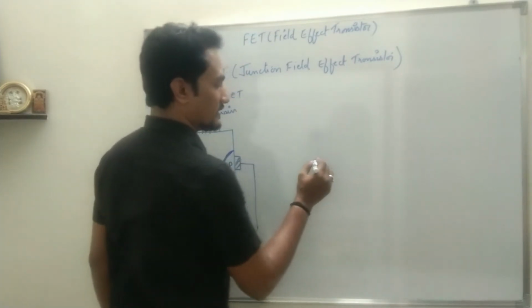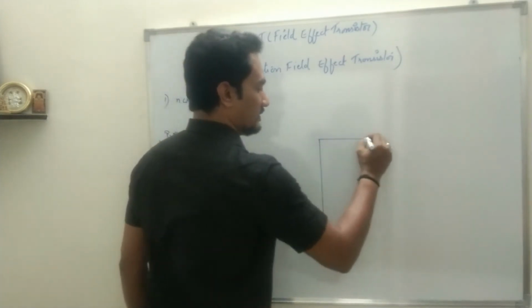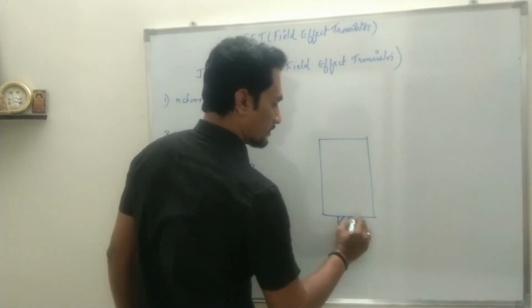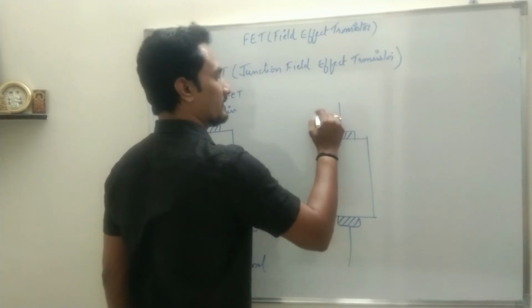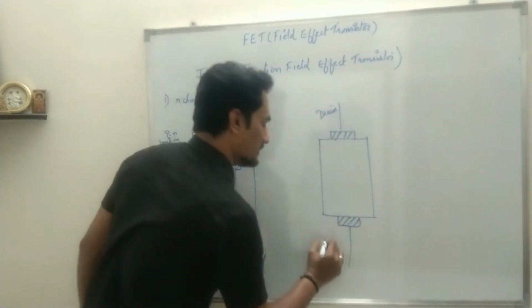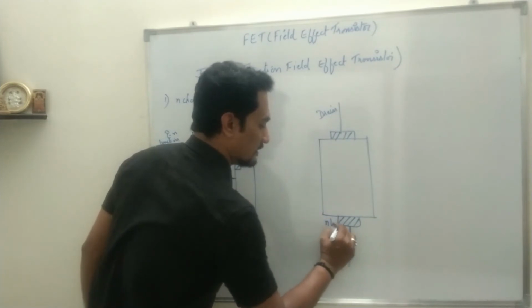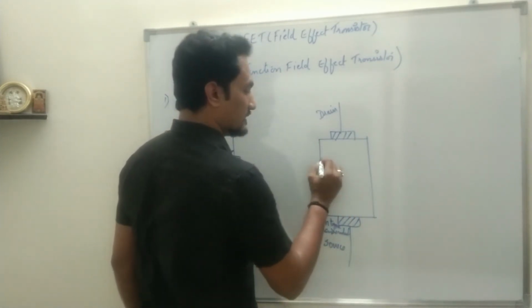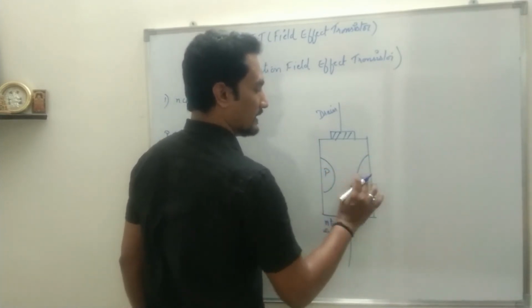Now let us try to understand the working of the n-channel JFET. Again let us take n-type semiconductor. The two terminals which we take out are called source and drain. This is drain, this is source, and what we have taken is n-type semiconductor. On either side we dope trivalent impurity to form a p-n junction.